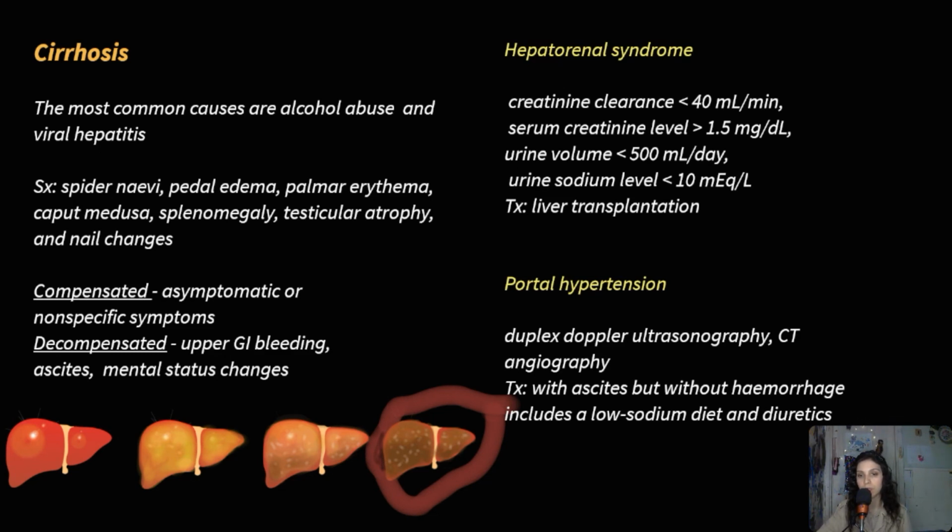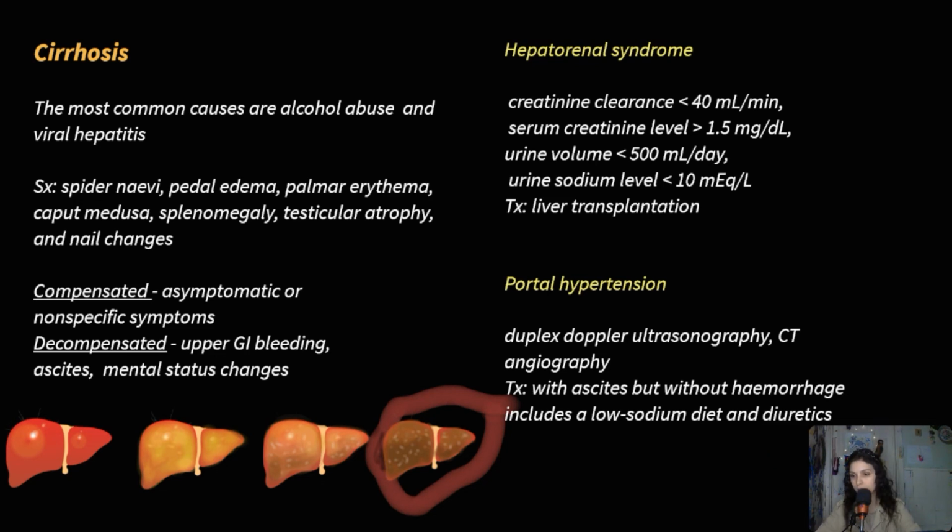Next, portal hypertension. Diagnosis is by duplex Doppler ultrasonography, CT or angiography, and treatment, if it's without ascites, or with ascites but without hemorrhage, includes a low sodium diet and diuretics.